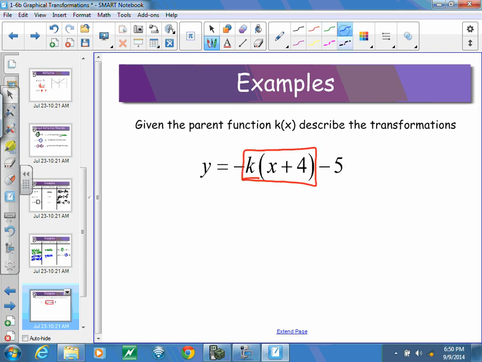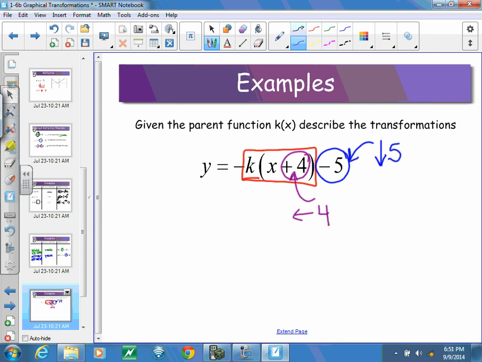And this -5 right here is what's going to tell us that our function is moving down 5 units. The inside change of +4 is actually telling us that our function is moving to the left 4 units.